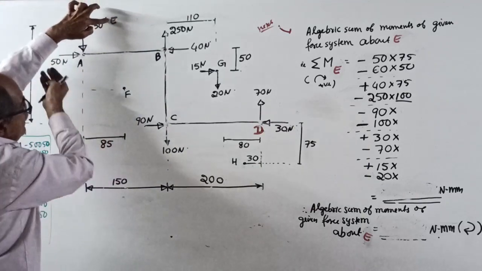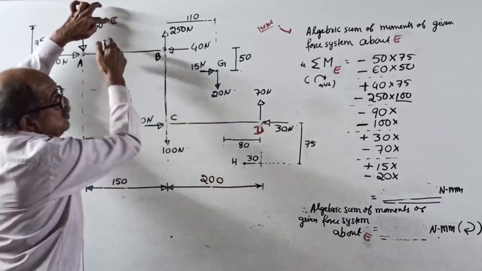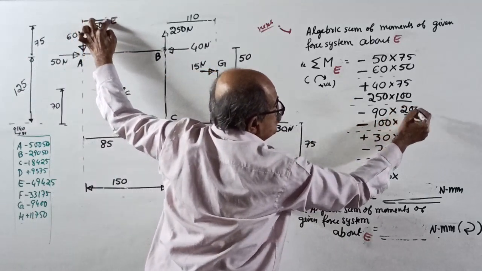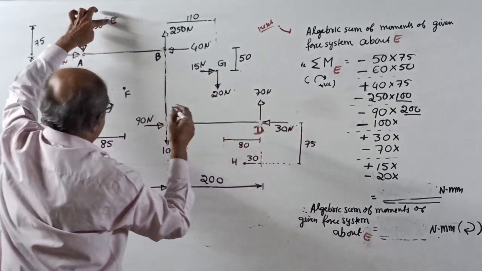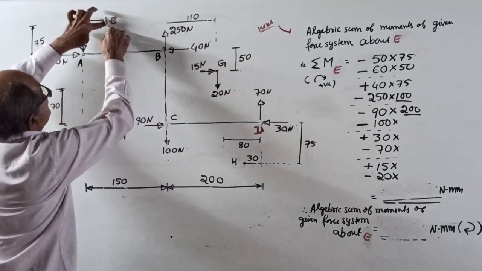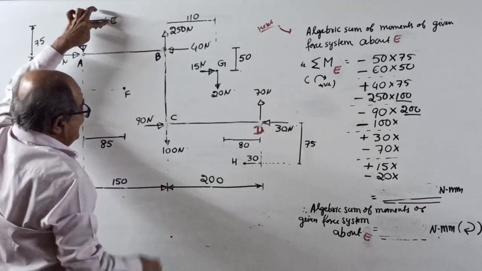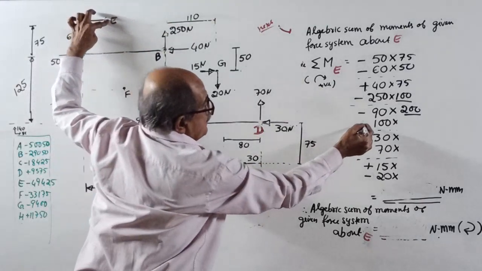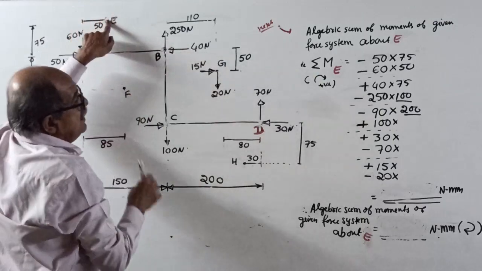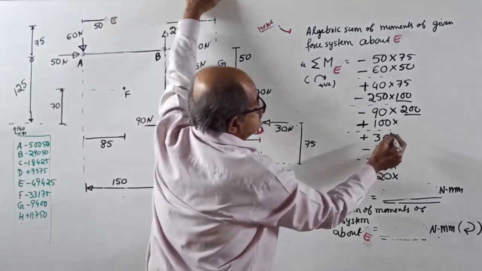So about E minus 90 into 200. You write correctly how this 200 came. To understand correctly, write it somewhere there. Then 100 into this distance. See, 100 clockwise, plus how much? From 150 subtract 50, 100.